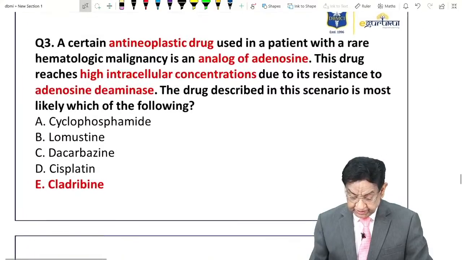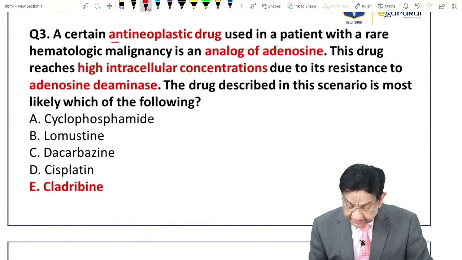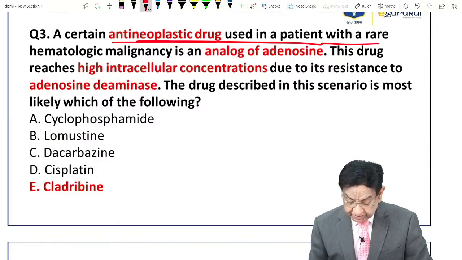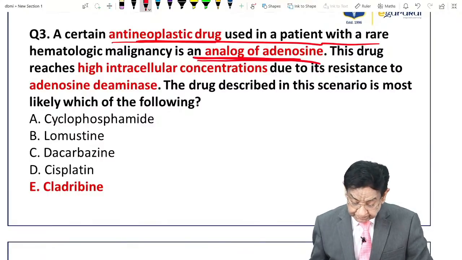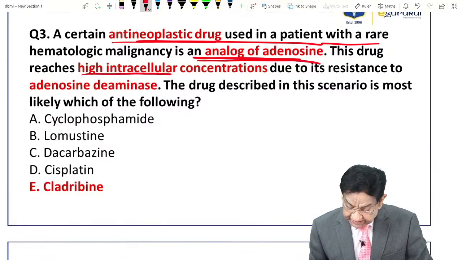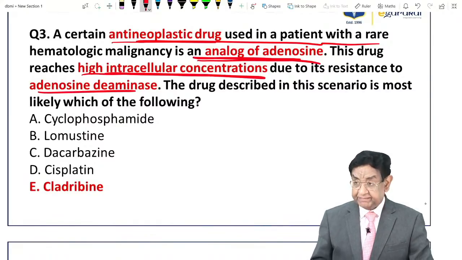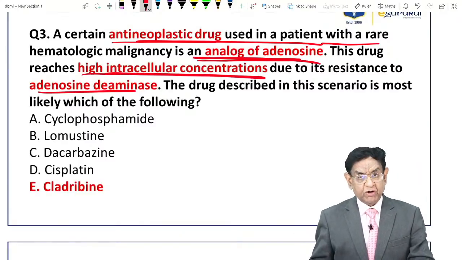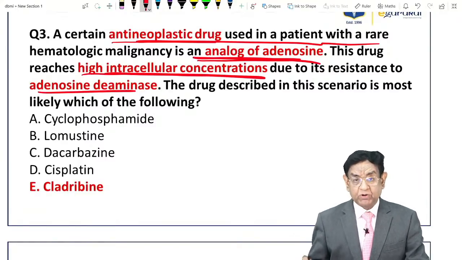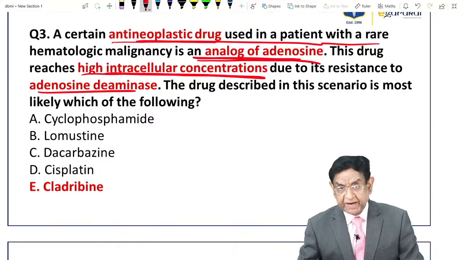Question 3. A certain anti-neoplastic drug in a patient with a rare condition is an analog of adenosine, which reaches a high intracellular concentration due to resistance to adenosine deaminase. This is a question based on oncology, pharmacology, and biochemistry also.